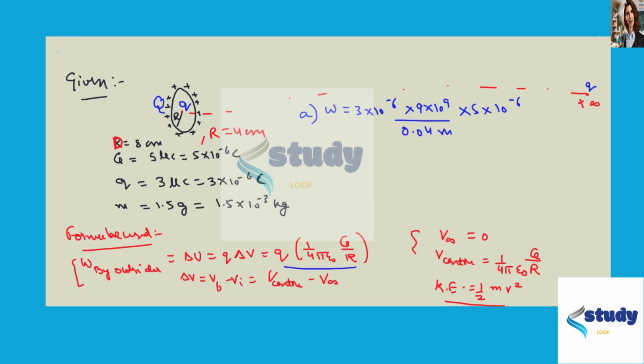We have used SI units, so remember to convert to SI units. Using a calculator, it's very easy to find the value. So W equals 3.38 joule.